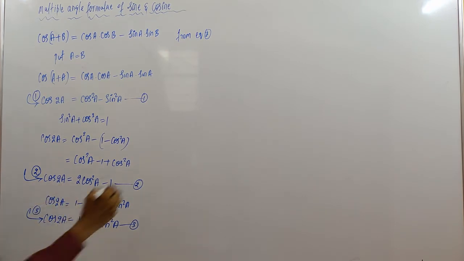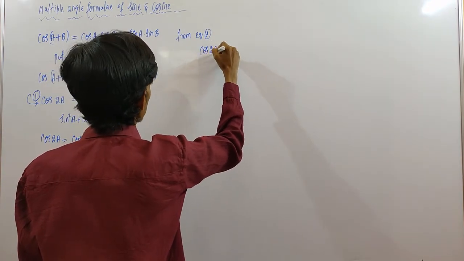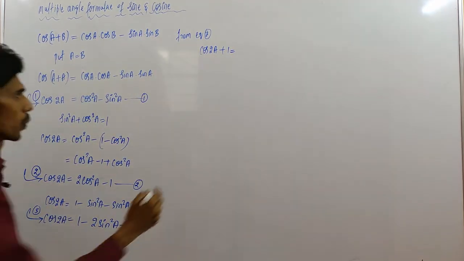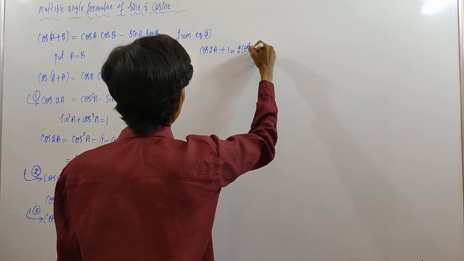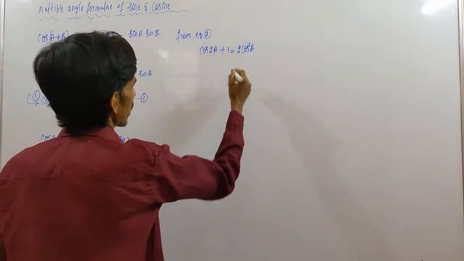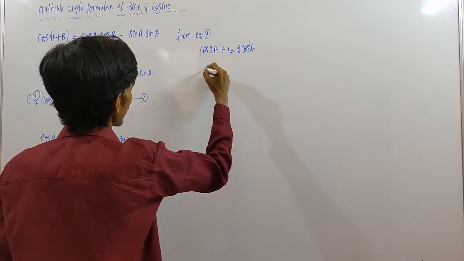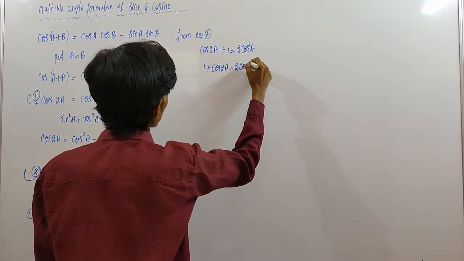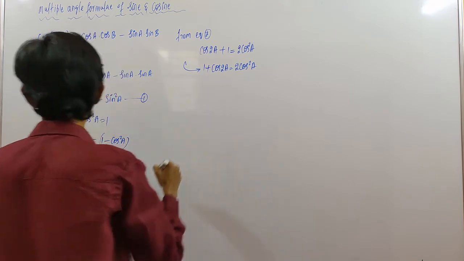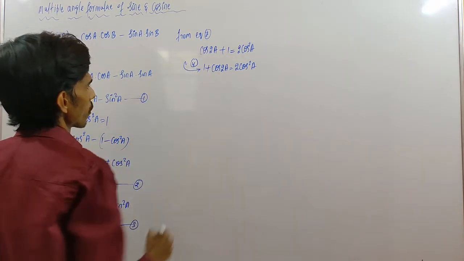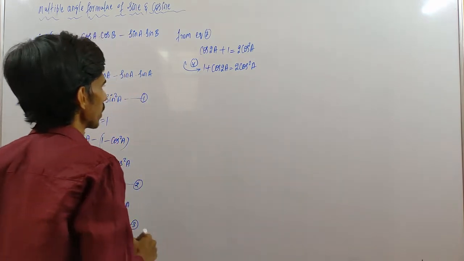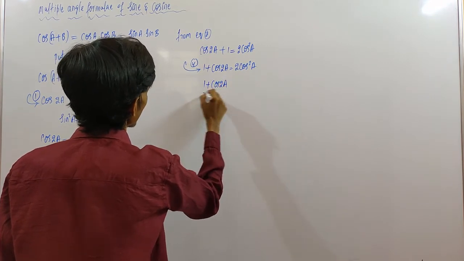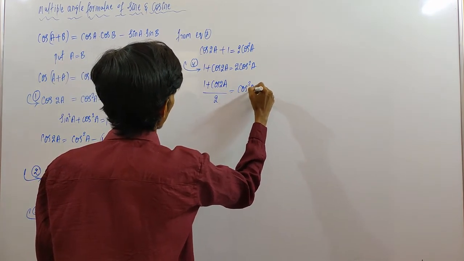Send this minus 1 to that side, it will become cos 2A plus 1 is equal to 2 cos square A. This is one more formula, that is 4: 1 plus cos 2A value is 2 cos square A. Similarly, send this 2 to that side, it will become (1 plus cos 2A) divided by 2 is equal to cos square A.